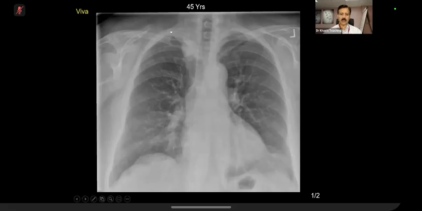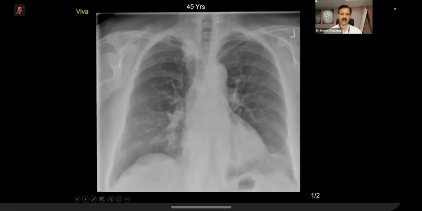So if a mass superior to the level of the clavicle has a crisp and sharp outline laterally, it is crisp and sharp because there is an interface of air anterior to that. On the other hand, if the mass is sitting anteriorly, then the lateral margin will not be crisp and sharp. This is known as the cervicothoracic sign, which is a classical exam sign.